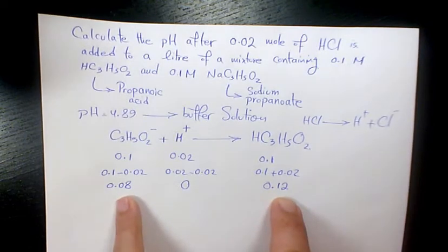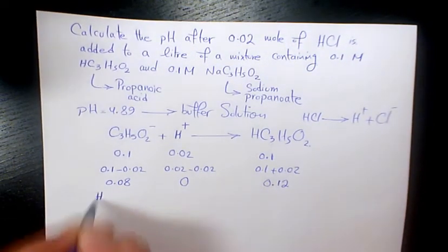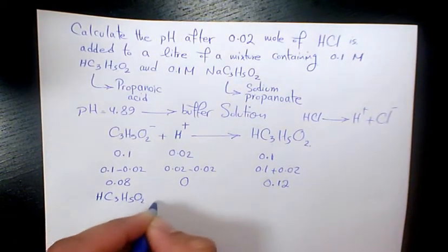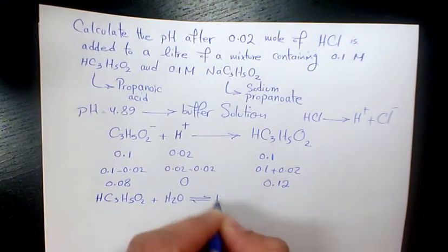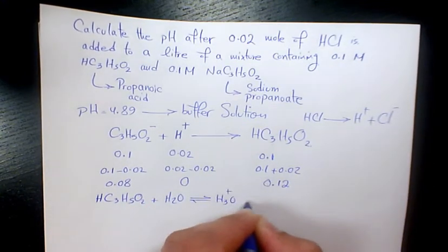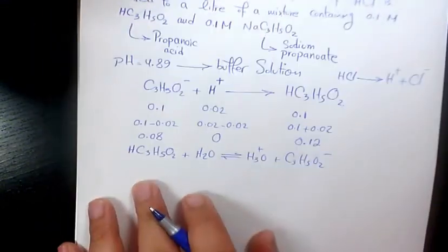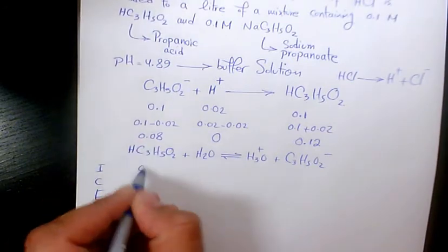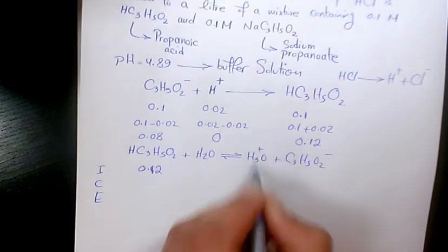So now the concentration is going to change. So I'm going to write the equilibrium condition again. So, ice table, initially we have 0.12 of the acid.